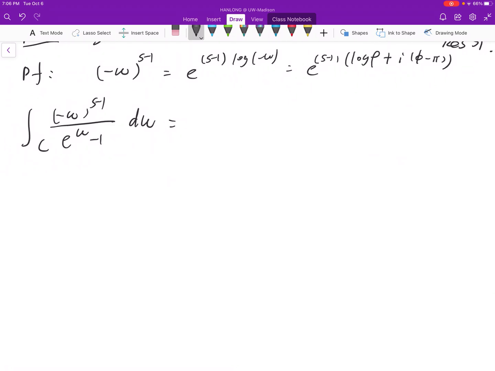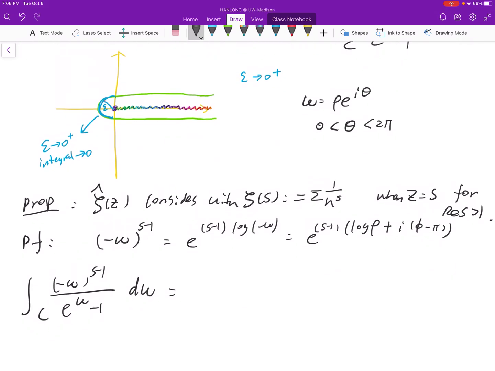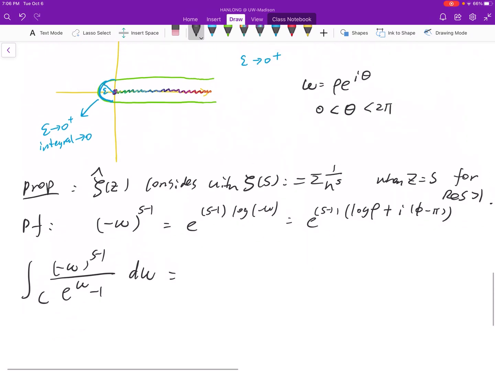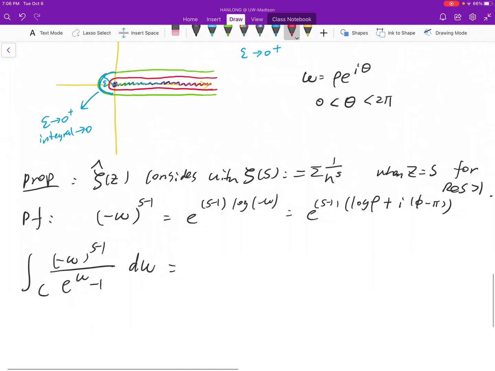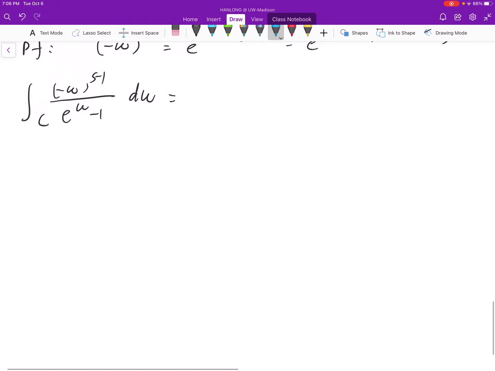And then you see, let me draw another one. Since the blue one and the red one have the same integration, because of the Cauchy-Goursat theorem, at the far away part the integral goes to 0. Therefore, this will be the same as the integration.